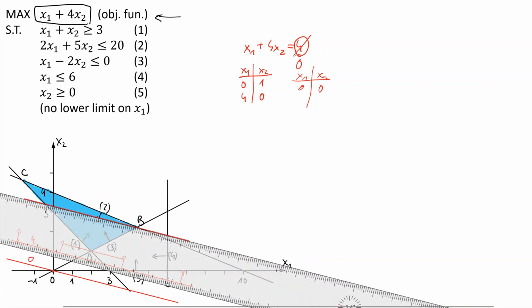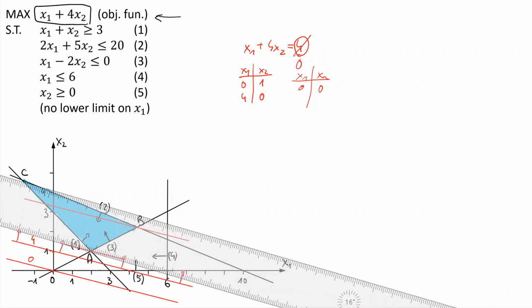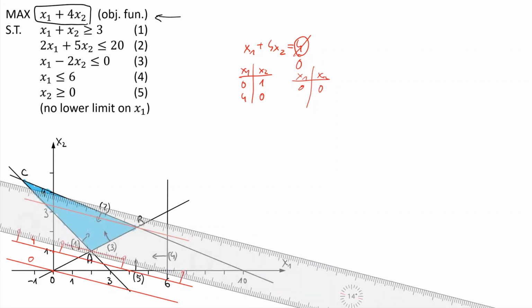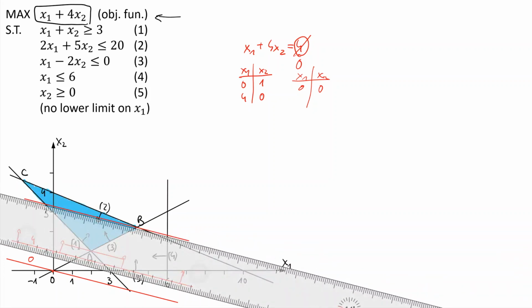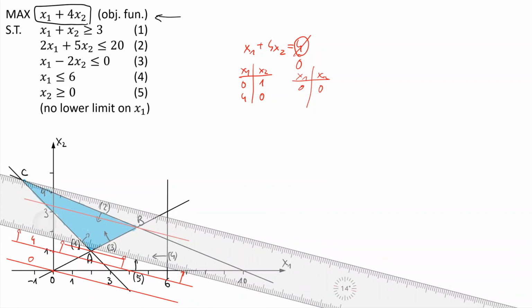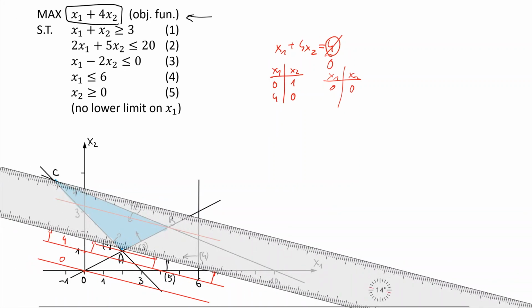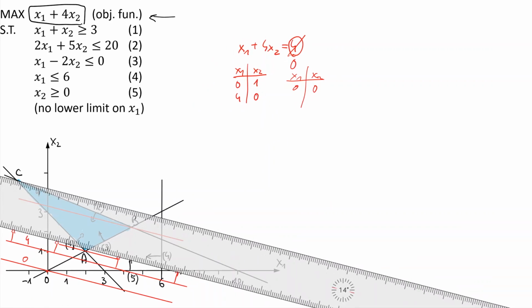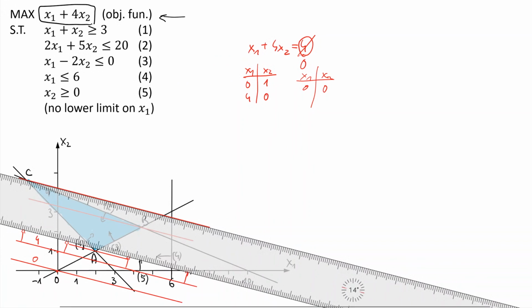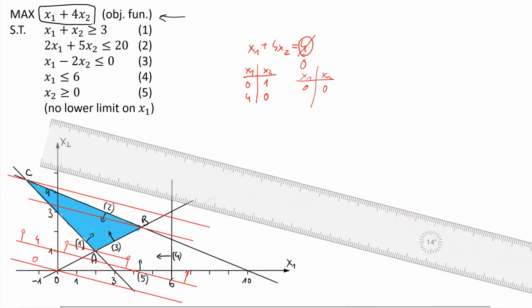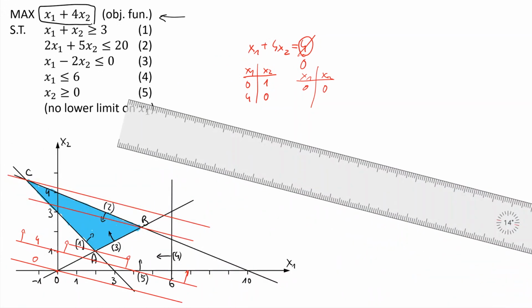No, because there are many points above point B on higher level curves. If I go to point C, oops, I lost the slope. If I go to point C and I cross point C, this is where I will see no better points.